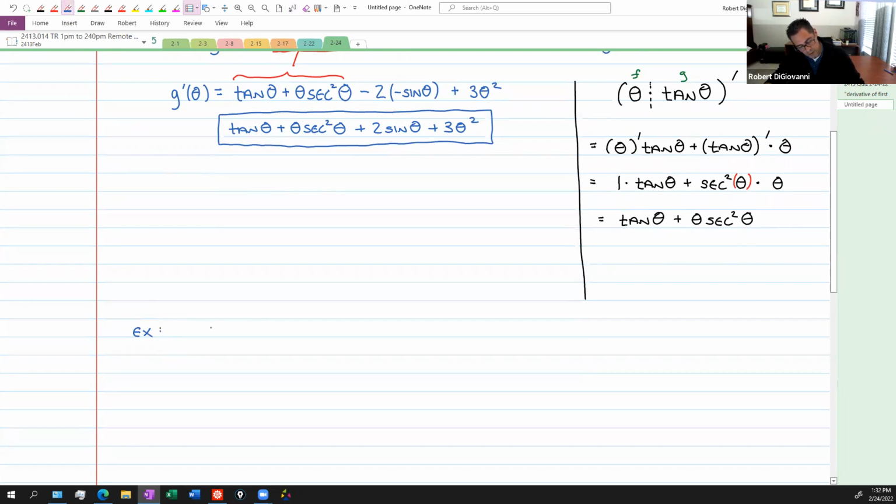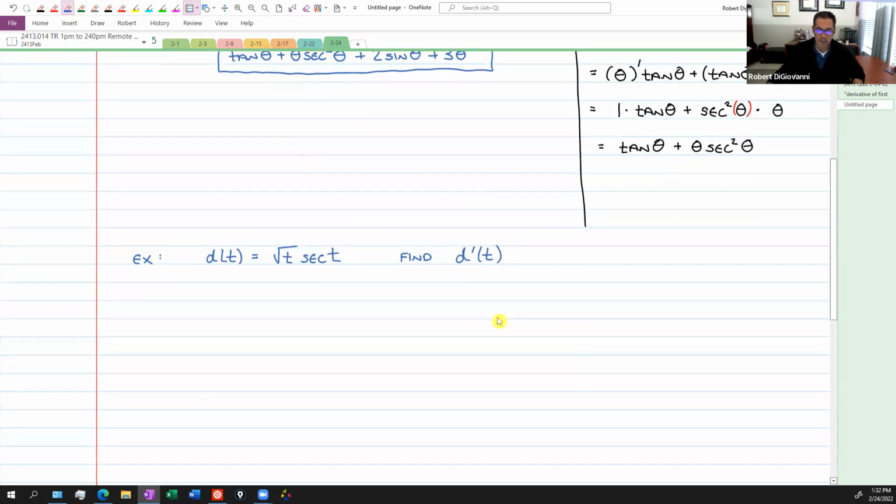What if I give you d of t equals square root of t secant t, and ask you to find d prime of t. I'm going to give you a few minutes, see if you can figure this one out. Just get the raw derivative. You don't have to do any algebra after, just try and see if you can get the raw derivative.